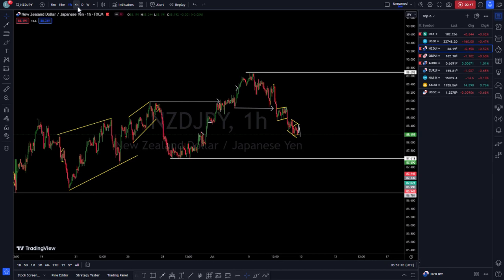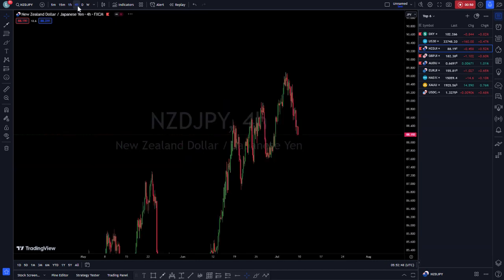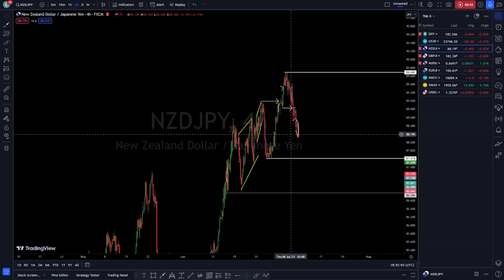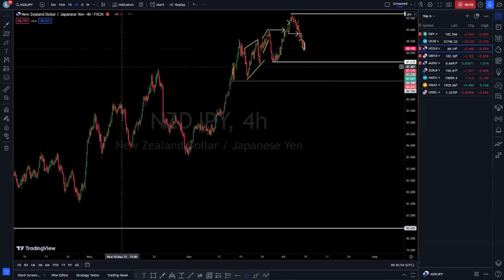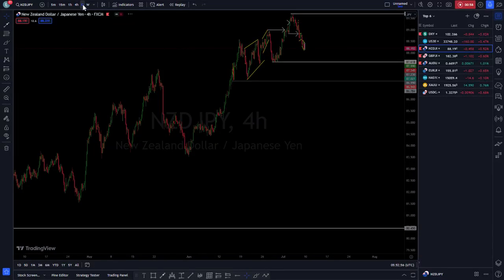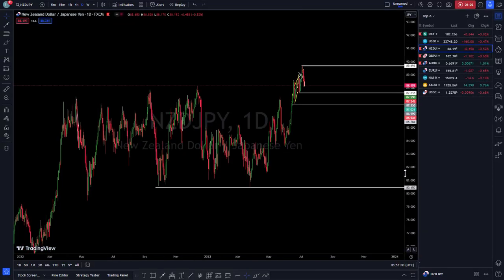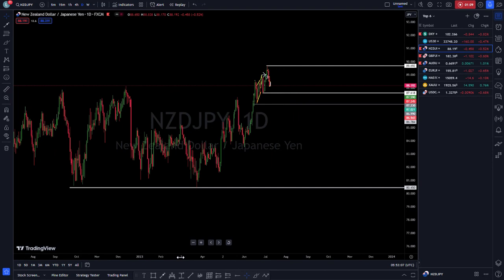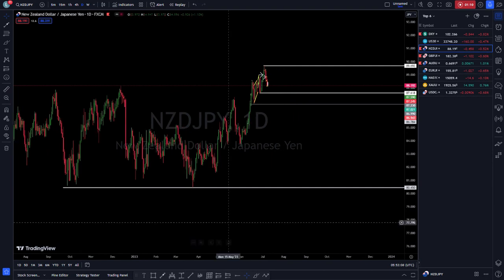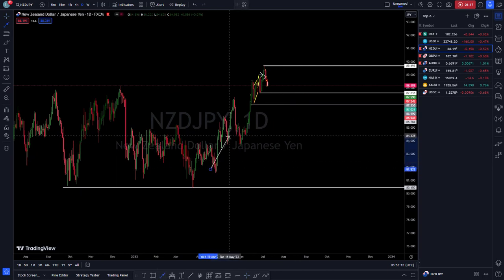NZDJPY. Let's go to the higher time frame, the highest time frame, the 4 hour. So now we are at the 4 hour. Initially, you can see the overall trend.